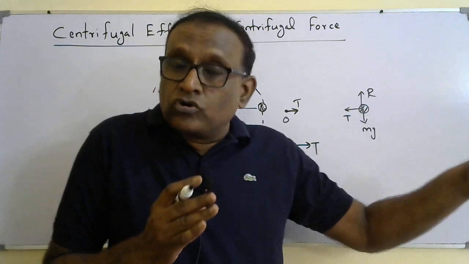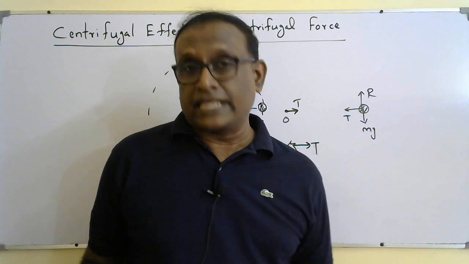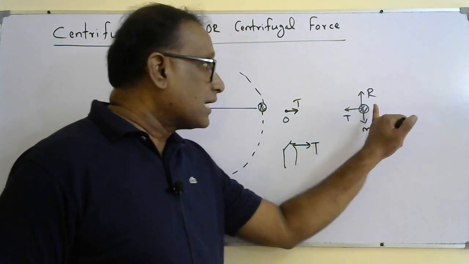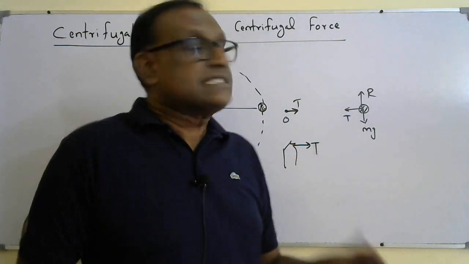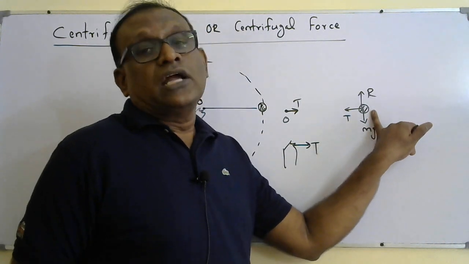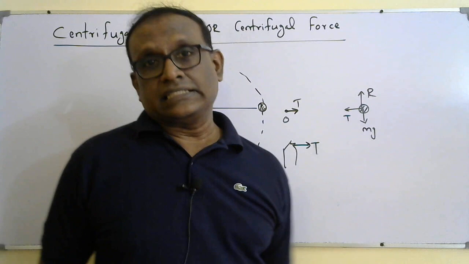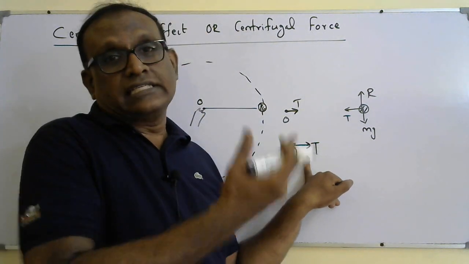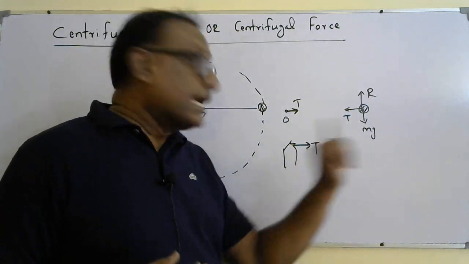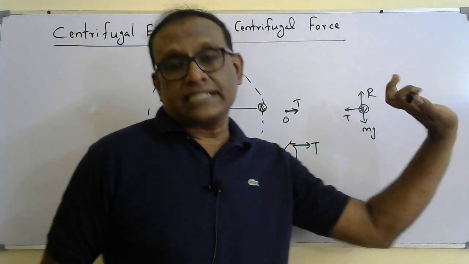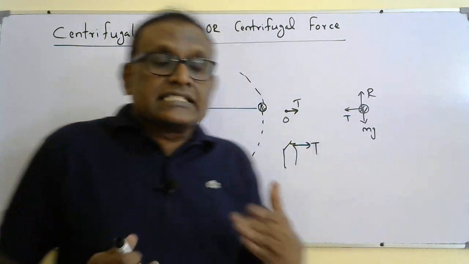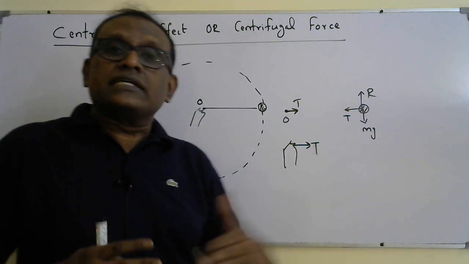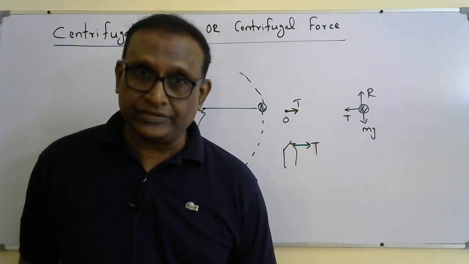But actually there is no such force acting. It's actually the tendency of the sphere to move away from the center that originates this force. So there is no such force away from the center. This is called the centrifugal force, the tendency of the object to move away from the center, which is the centrifugal effect.